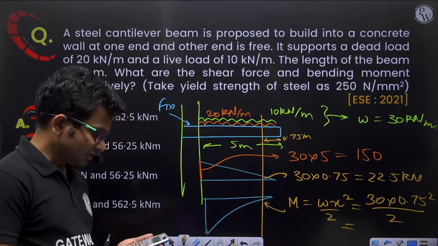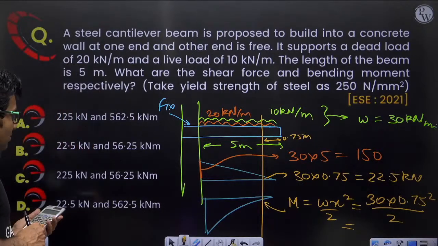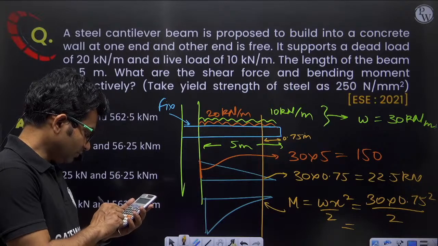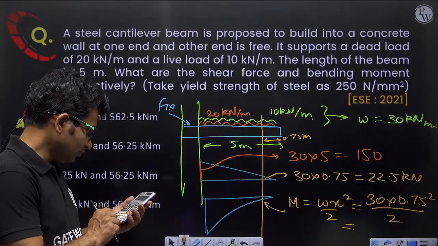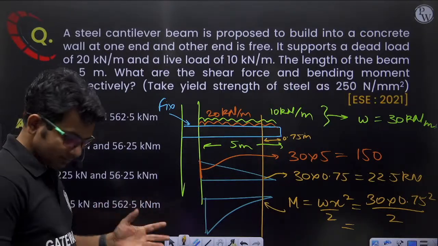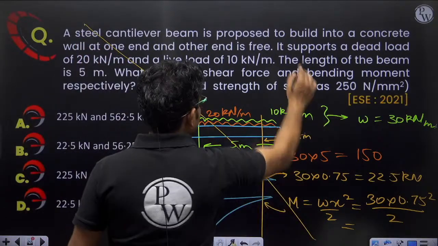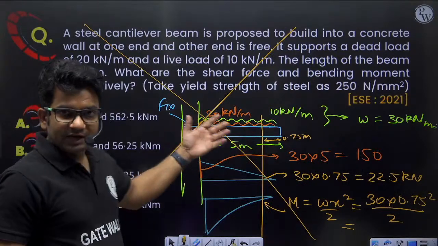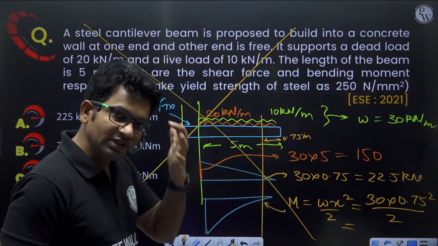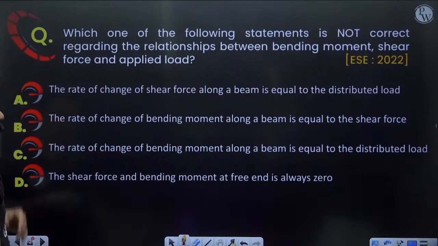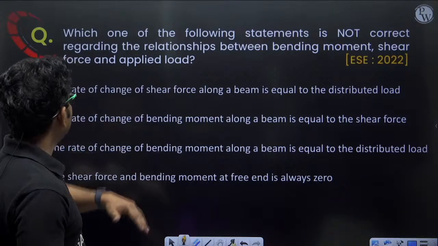There is some mistake in this question. If we calculate the bending moment at the fixed end, it will be 30 into 5 square by 2, 375. So leave this question for now. I will check all the data later and solve this question again in some later class. Let's move forward.